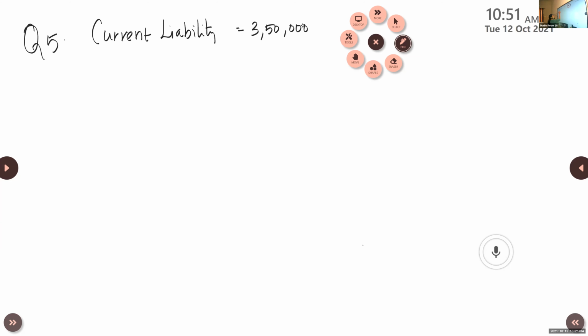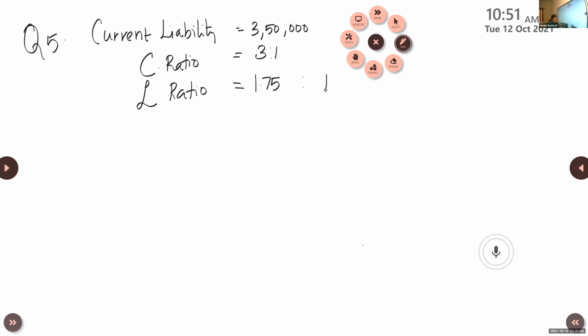Current ratio is given, 3:1. Liquid ratio is given, 1.75:1.